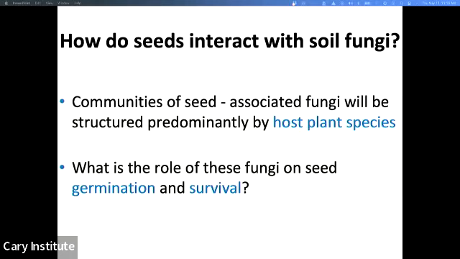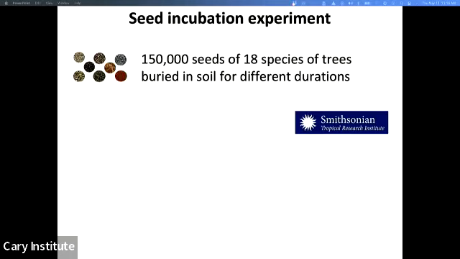So to answer these two questions, we implemented this seed burial experiment in BCI. And so we collected tons of seeds. And when I'm saying tons of seeds, it's literally tons of seeds. We buried over 150,000 seeds of 18 different species.